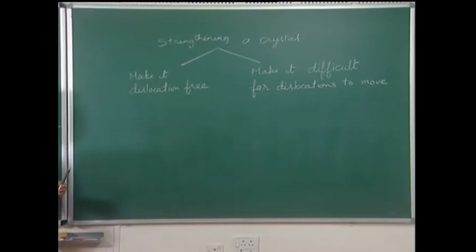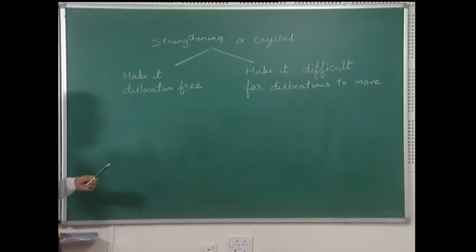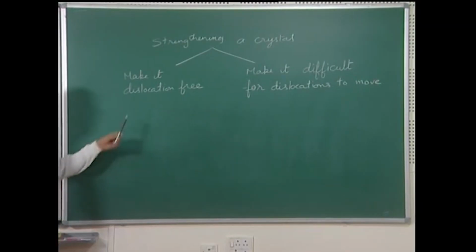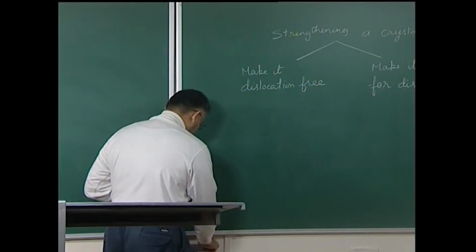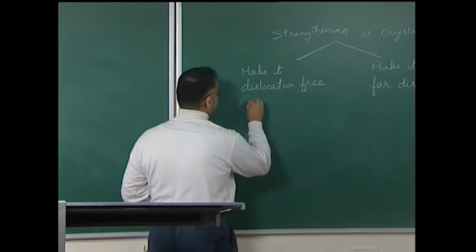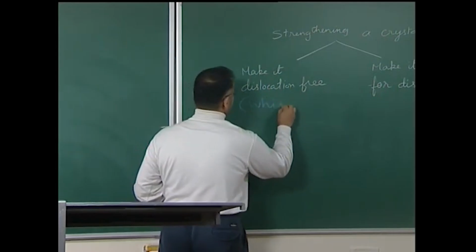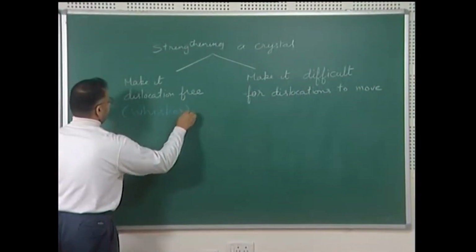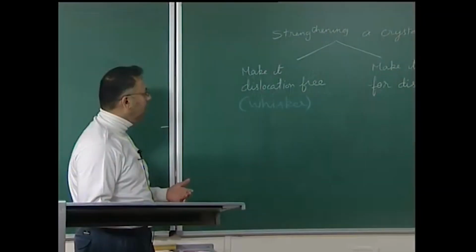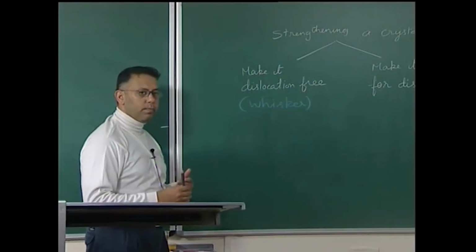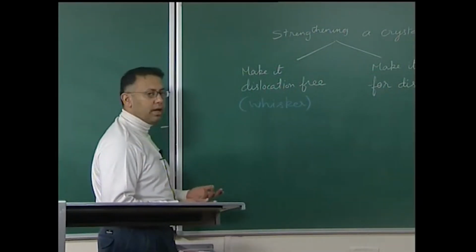So, there are two strategies available for me to strengthen the crystal which is weakened by the presence of dislocation. Either I can make it totally dislocation free to obtain something known as a whisker. Whiskers have been produced as small thin cylindrical specimens which are totally dislocation free, and such a material will actually have an enhanced strength.